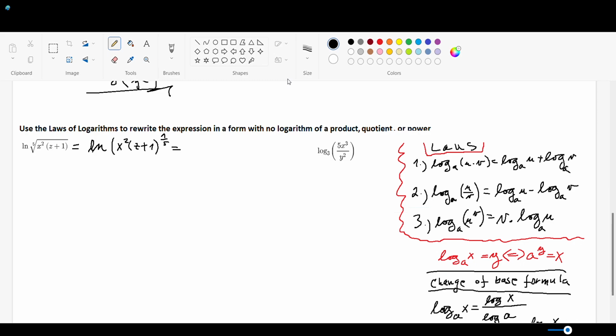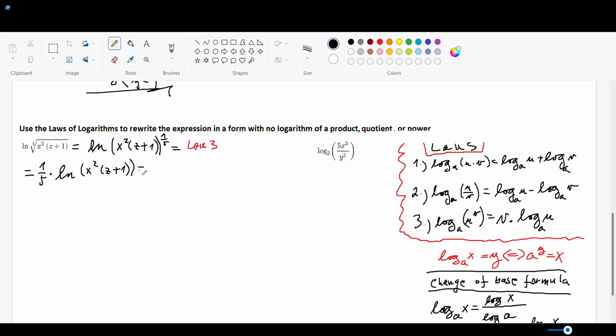It is equal to, we will use law number 3, which is then going to be 1 over 5 times the natural logarithm of x squared times z plus 1. Oh, I'm missing one parenthesis here.